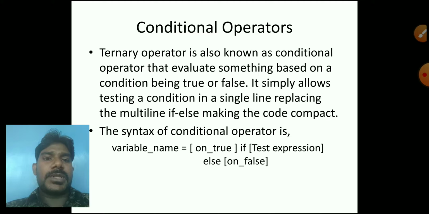They give a condition, it will be true or false. True means that expression will execute, false means the other expression will execute. That's all. These ternary operators are the conditional operator itself. We have some syntax, we have to see one by one.